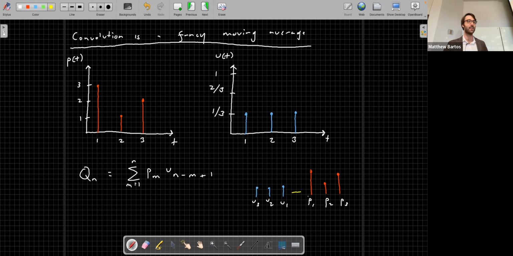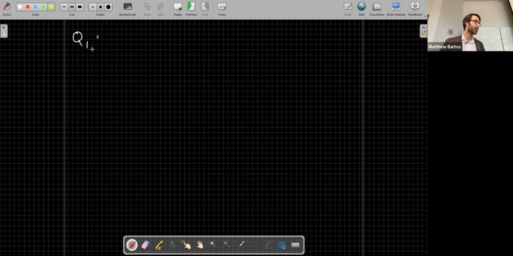And we're going to slide this U function over our P function and compute the weighted sum as we slide it along. You'll see in a second what it's going to do. I know I'm almost out of time here. So for Q1, we get P1 U1, which is equal to 3 times 1/3, which is equal to 1.